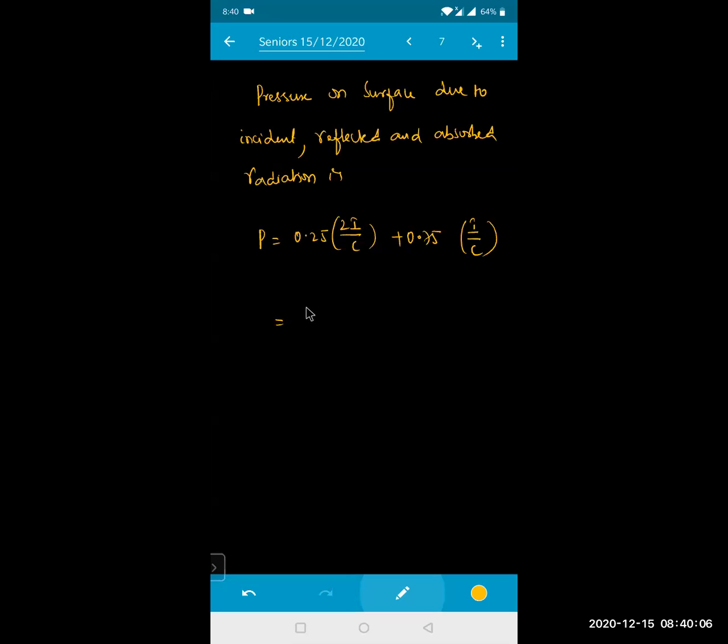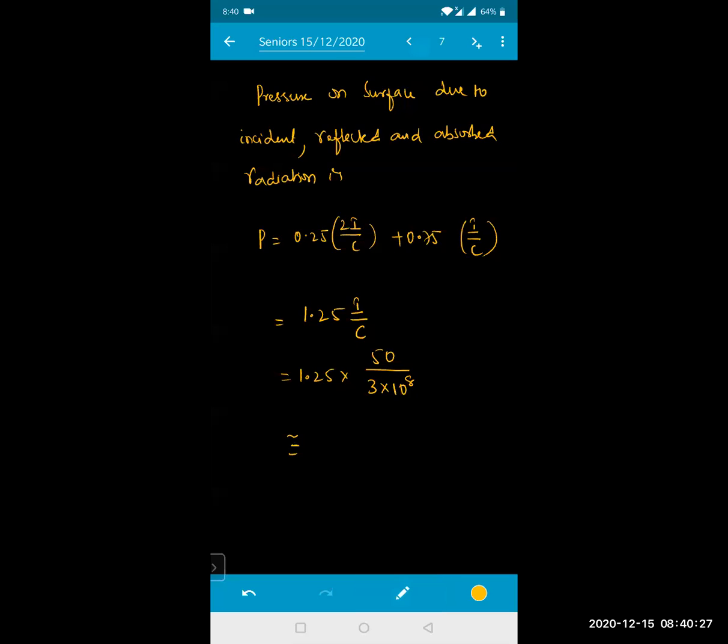This one is 2, so this one is 1.25 times I by C. That means this is 1.25 into intensity, given as 50 by area, divided by the velocity of light 3 into 10 to the power of 8. So simplified, you will be getting the pressure.